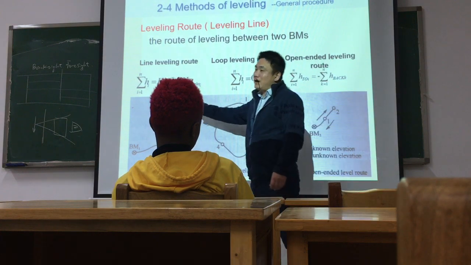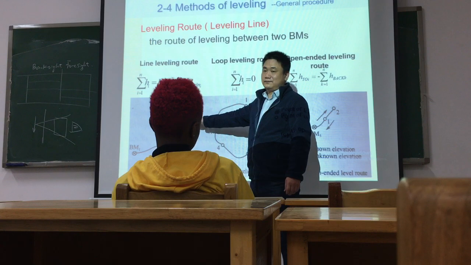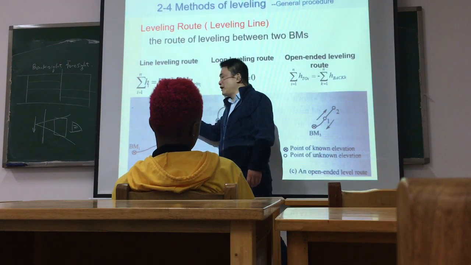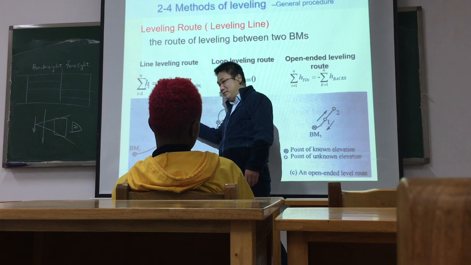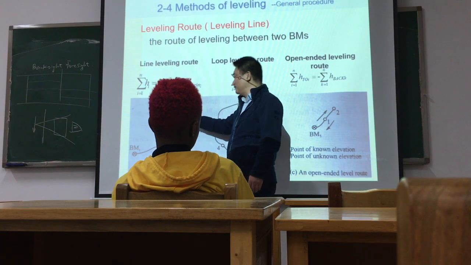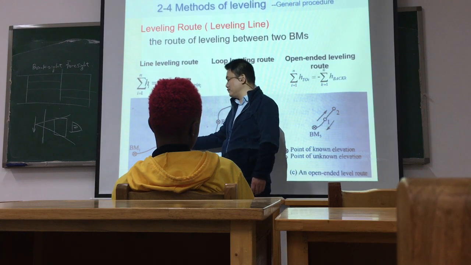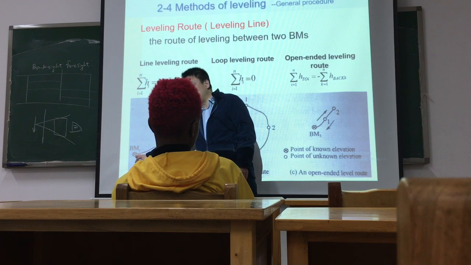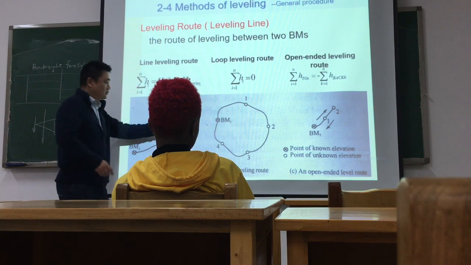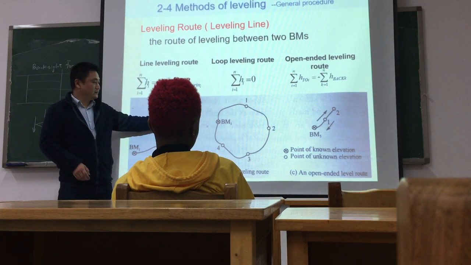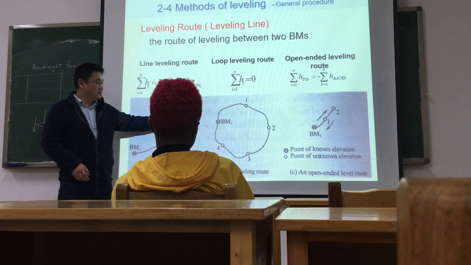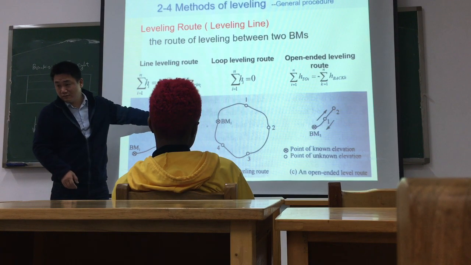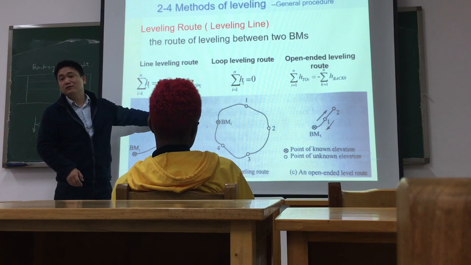So for the line leveling route, we start from one benchmark point and then go through point 1, point 2, point 3, and many other points, then get to the end, another benchmark. In this picture, you see here we have a circle with a cross. This means this point is given with known elevation.